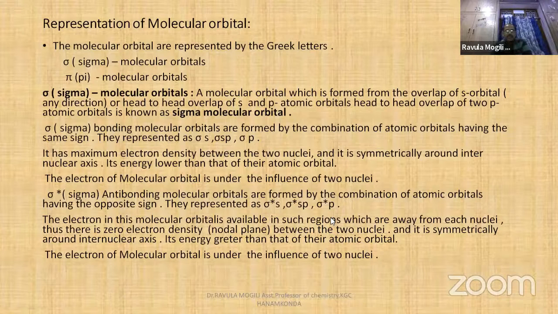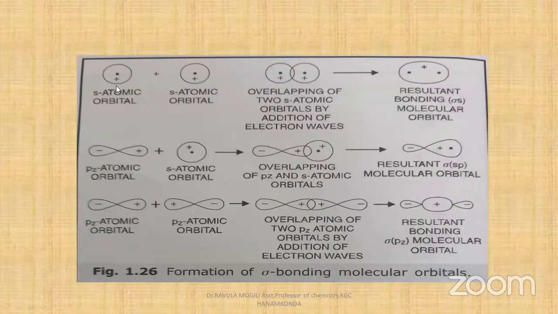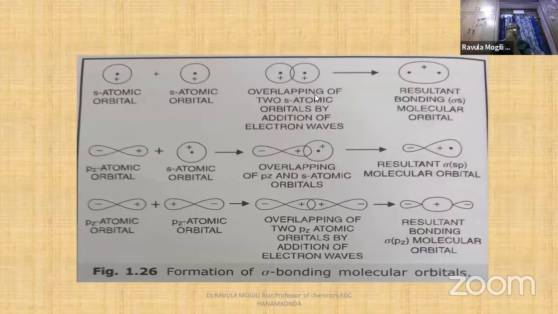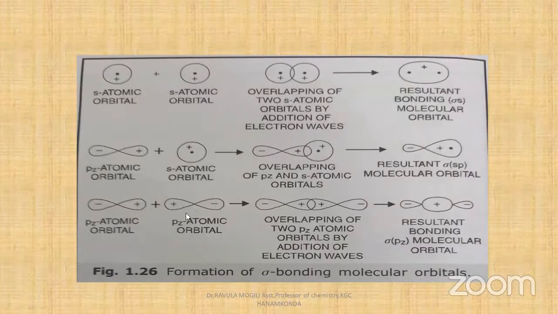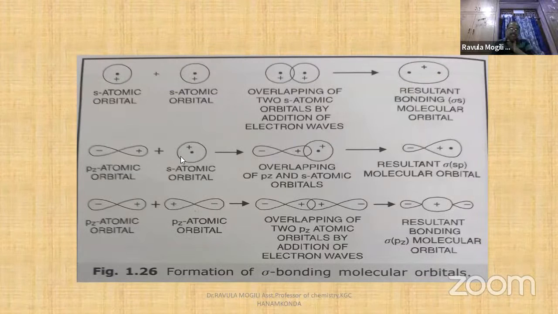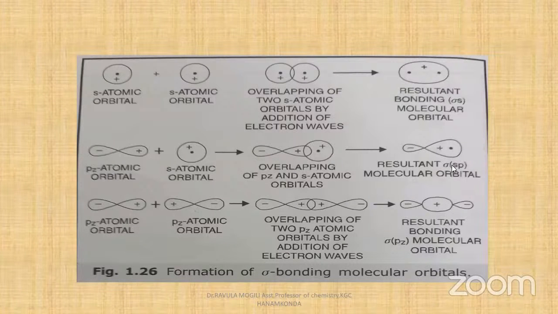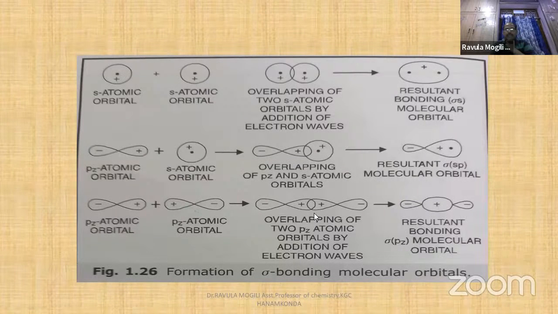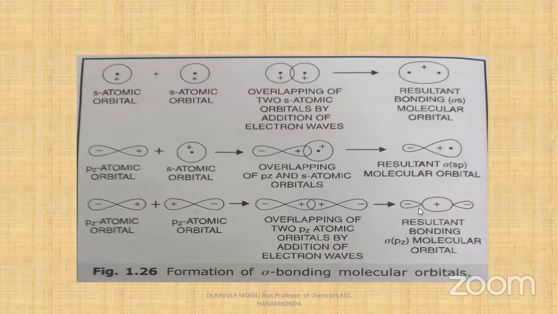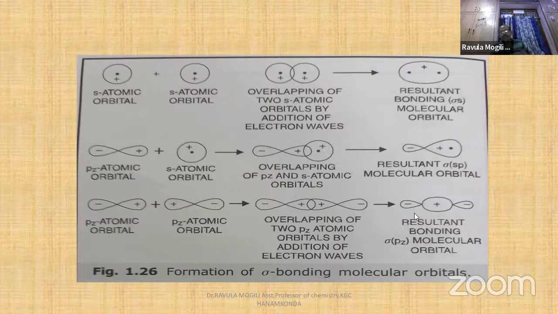These are known to you. So this is s orbital and s orbital overlapping, resulting in a sigma bond. Here the pz orbital and s orbital are also sigma sp. Here p orbital and p orbital are also, sorry, sigma bonding.